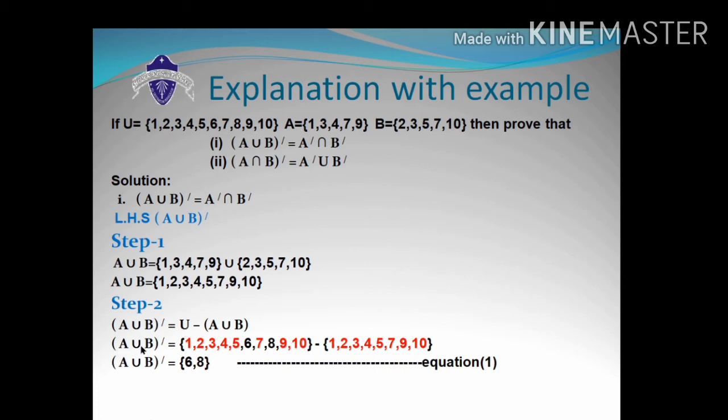So the result of (A ∪ B)' is equal to {6 and 8}. Class, this is the final answer of the left hand side, that is 6 and 8. I am representing it by equation number 1.